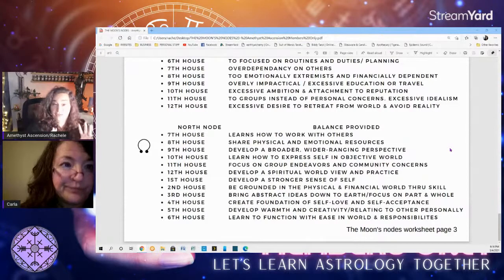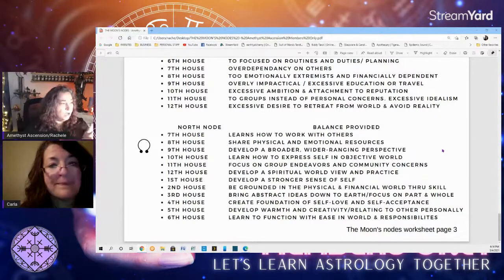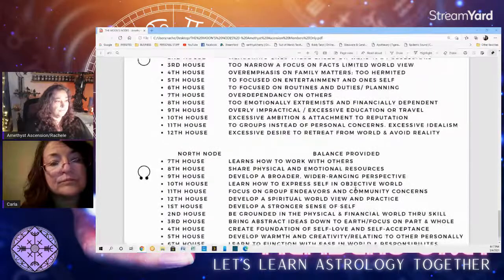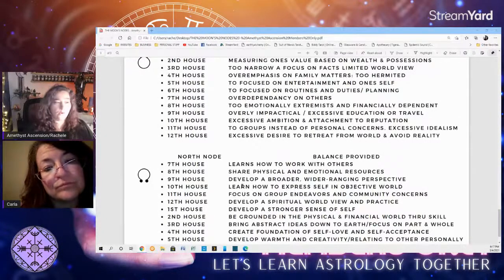So let's look at mine. And Jen, if you know what yours is, put it in here, sweetie, and we can help you figure it out a little bit. All right, so mine is in my 8th house, and it is Aquarius in my 8th house.